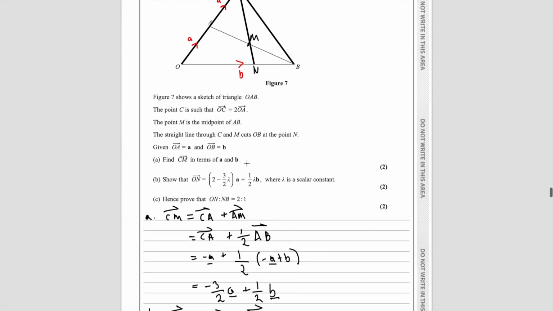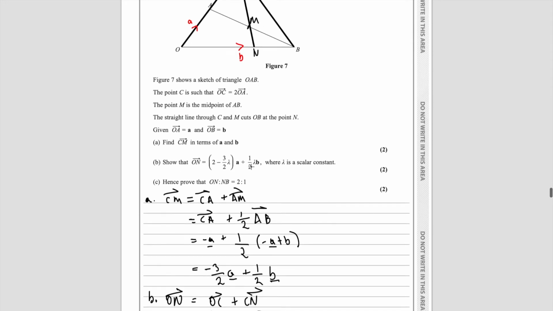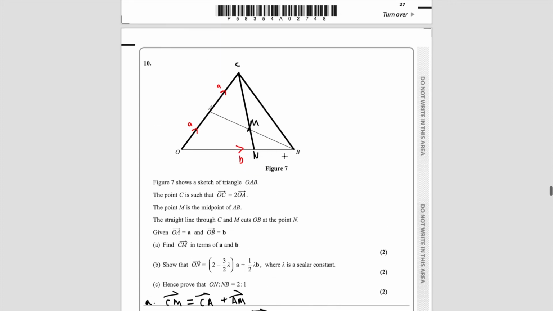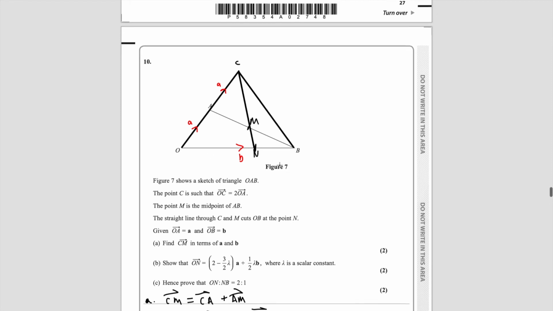This vector here completely satisfies this here. Hence proved that the ratio between ON and NB, the ratio between this and this, is 2 to 1. So the length of this is twice the length of this. In other words, this covers 2/3 of the length, and this covers 1/3 of the whole length of OB.